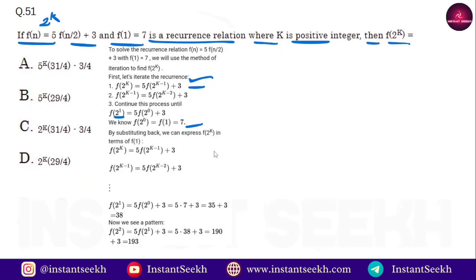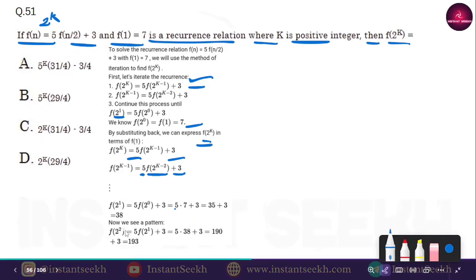Now we will substitute this back, expressing it in the form of 2 raised to k. You can see there is a number that is multiplied by 5 and then we are adding 3. So f of 2^1 is 5 into f of 2^0 plus 3, so we get 5 into 7 plus 3, that is 35 plus 3, that is 38.